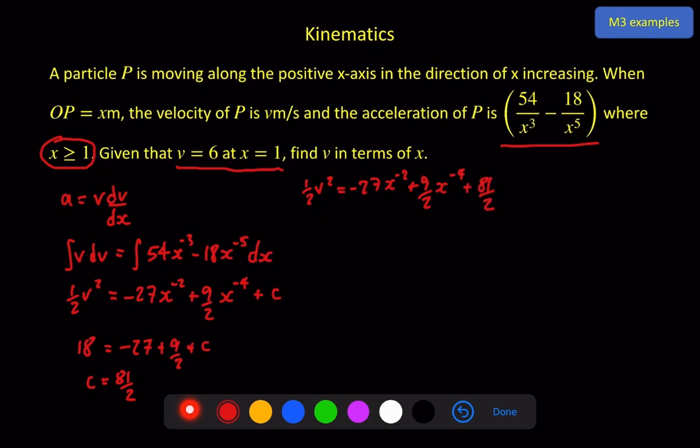Again, rearranging to get v, not v squared or a half of v squared. I get v squared is equal to minus 54 over x squared plus 9 over x to the 4 plus 81. Now we need to square root this, but take a moment and realize that with x squared, x to the power 4 here and here in the denominators, this might factorize.